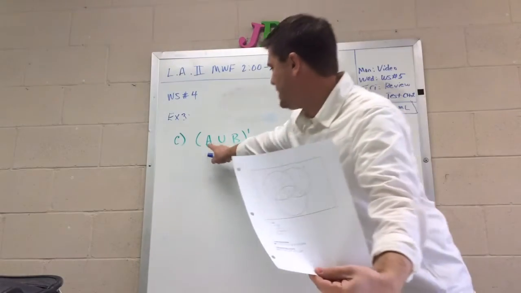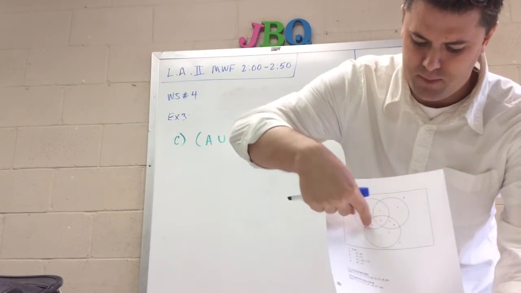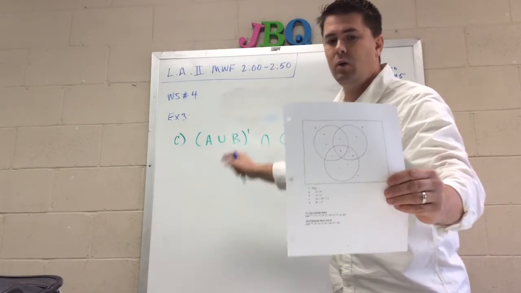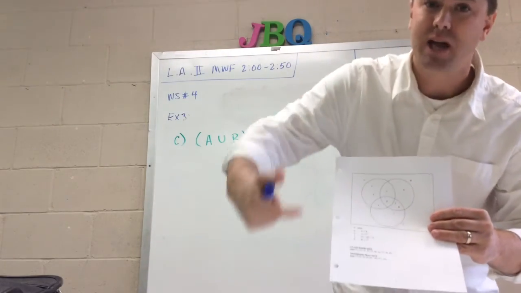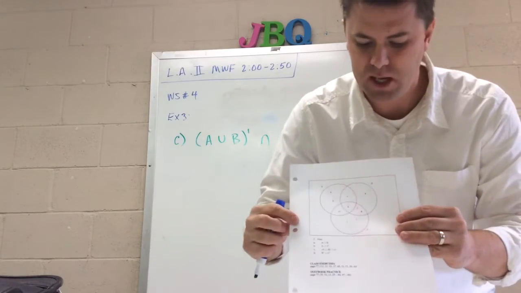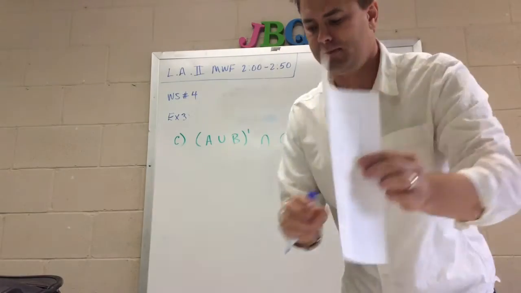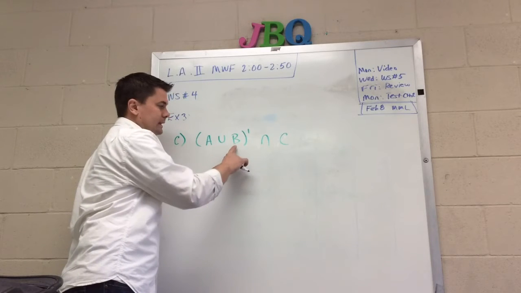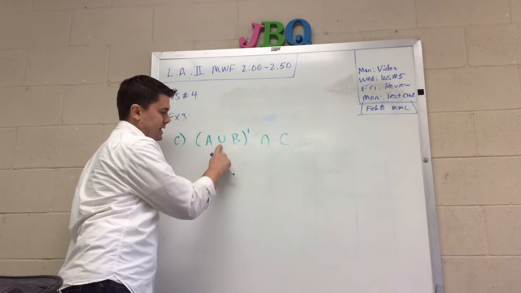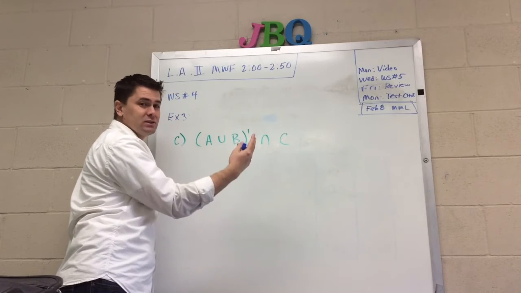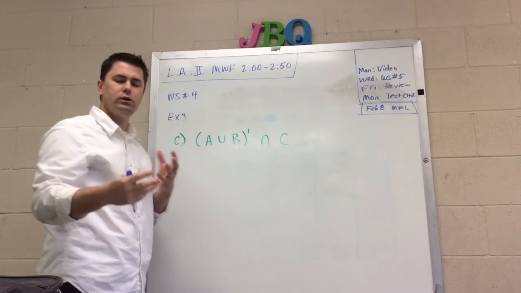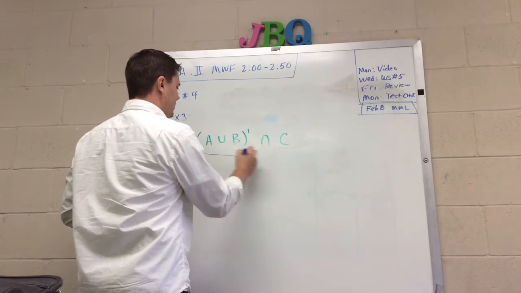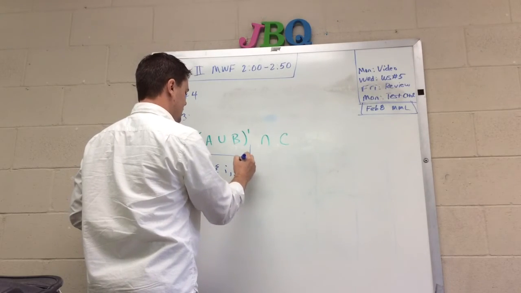If you union A and B and put them together, you're looking at every element in A, every element in B. But if the end result really is going to be the complement, we actually want everything else outside of A and B. Well, if you can see here, that would only be elements I and J. So this first part, you can list out A, list out B, put them together, that's the union, and then take everything else to get the complement. Or you could look at your chart and see, okay, A and B together, but what's outside of A and B? The only thing outside of A and B is going to be I and J.